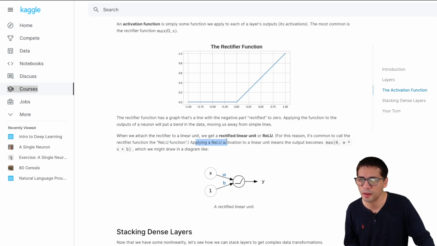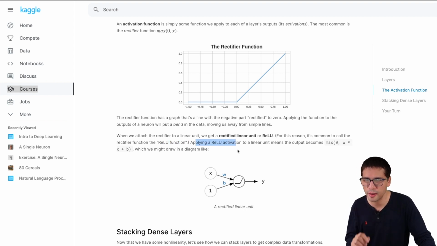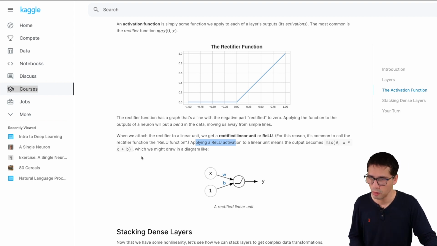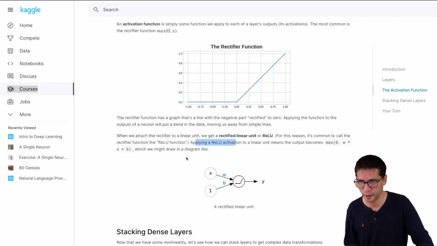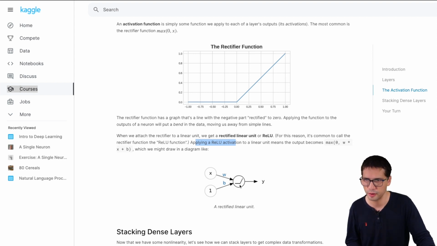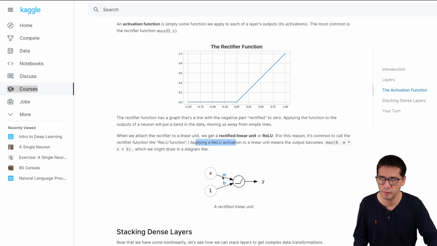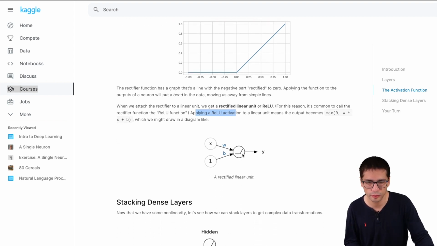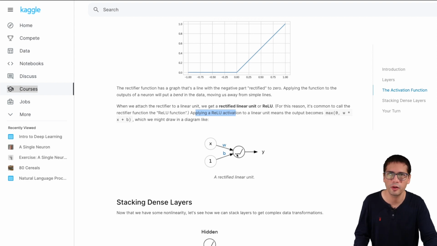Applying a ReLU activation to a linear unit means the output becomes max(0, w * x + b), which we might draw in a diagram like this. It kind of reminds me of electronics, because there's also a rectifier function there. So x is the input, this is the bias, and then you get y. A rectified linear unit. This is a symbol that means it's a rectified linear unit.